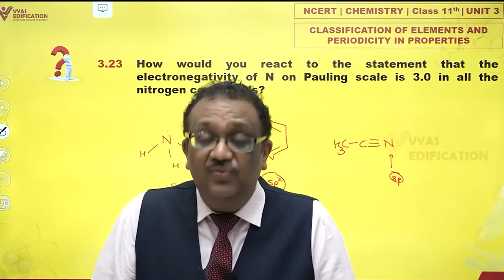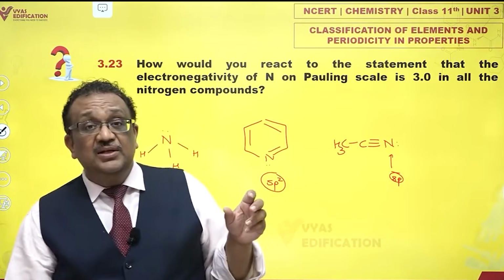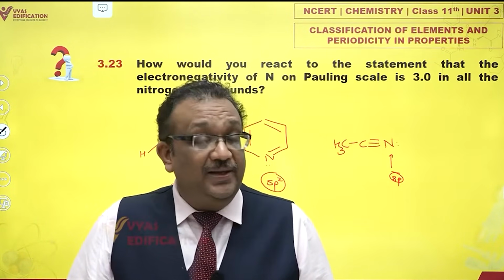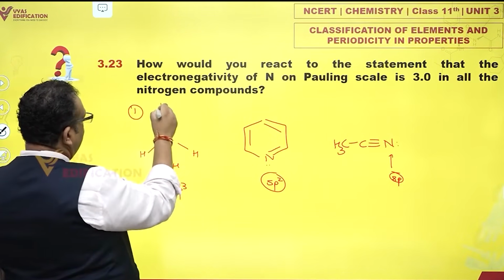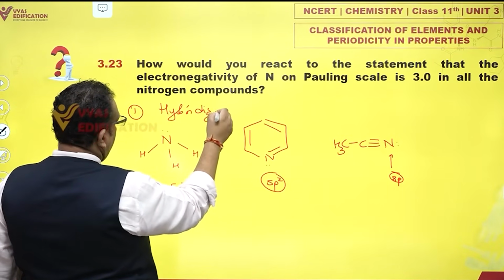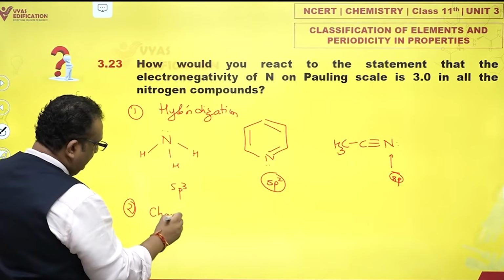But at the end of the day, electronegativity is not something which is a constant entity. Electronegativity keeps on changing with, number one, hybridization. And number two, charge on the atom.